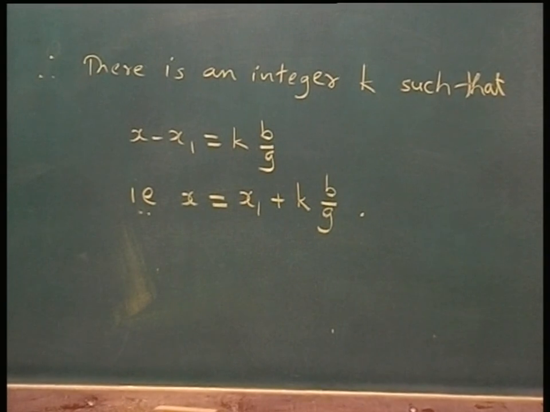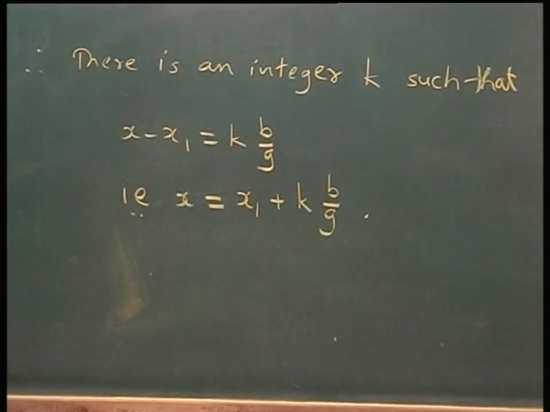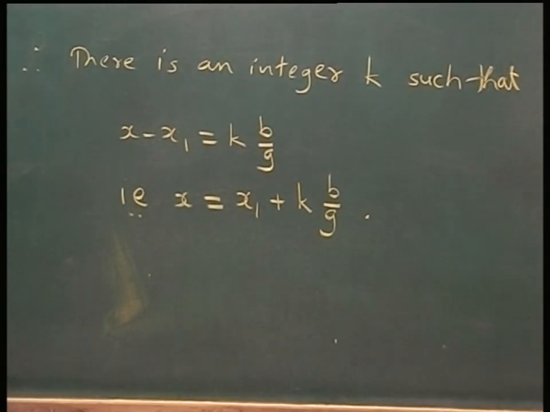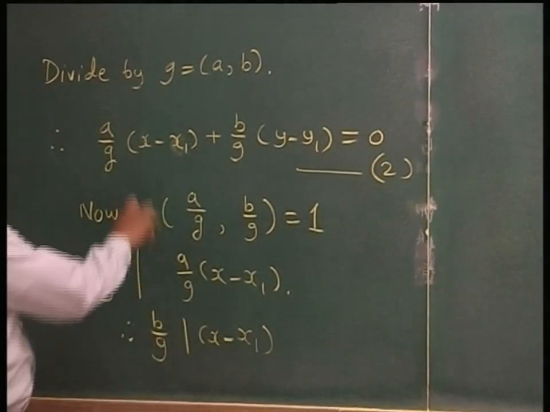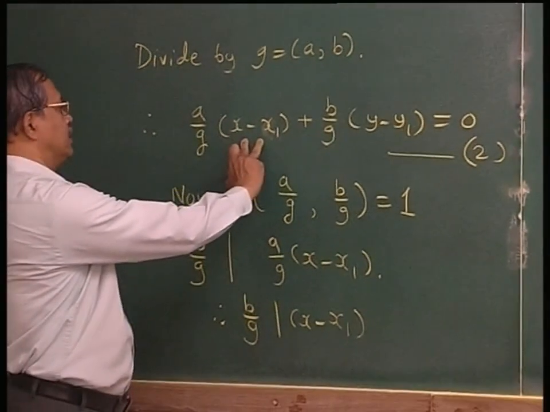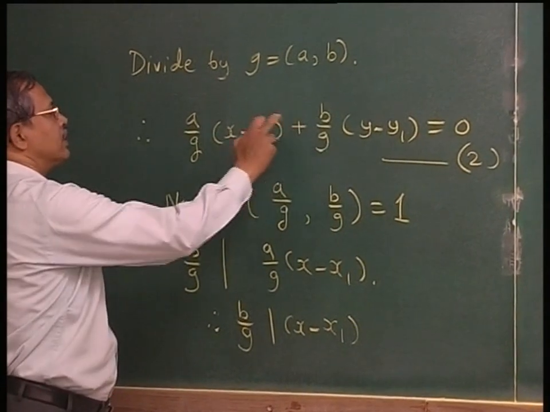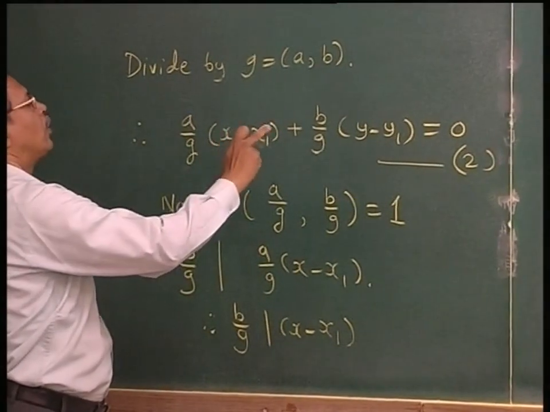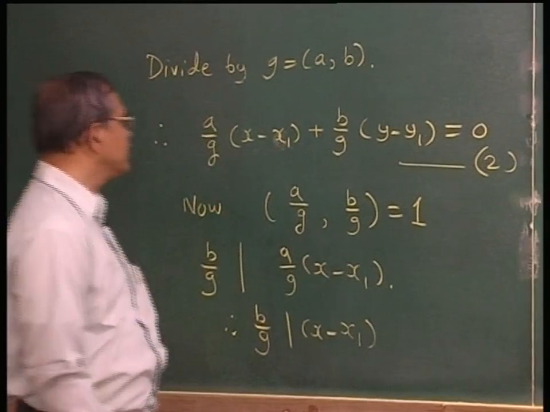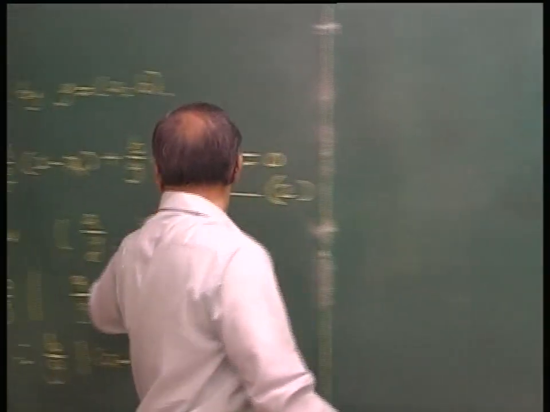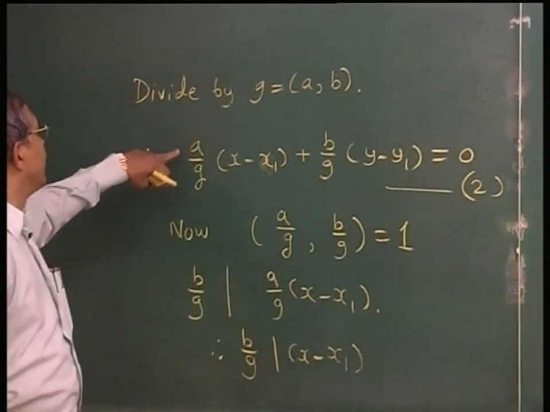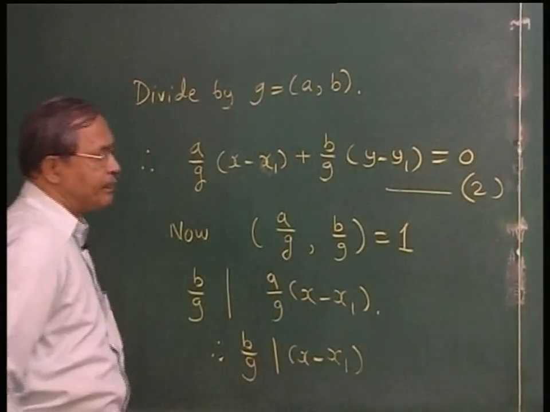Now, if x minus x1 is k times b by g, from this equation, let us call this equation number 2, substitute x minus x1 is equal to k times b by g. So b by g gets cancelled and we get y minus y1 equal to minus a by g times this k.